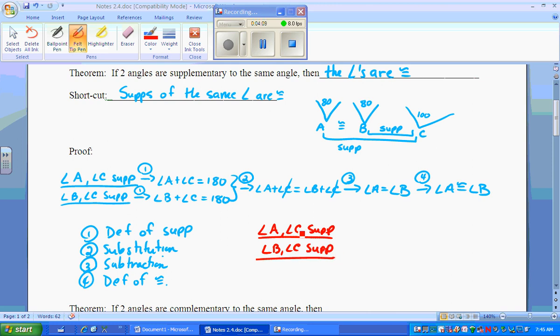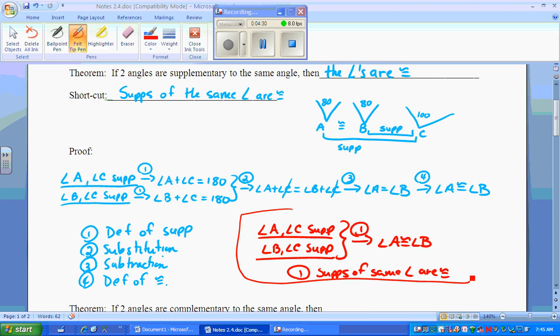So because these are supplement to the same angle, then you could go right into your answer and say angle A is congruent to angle B. And the reason for that would be the supplements of the same angle are congruent. This is what I want you to use in your proofs, not the long theorem, that theorem. And hopefully it makes sense to you.